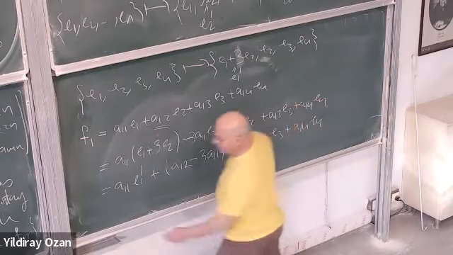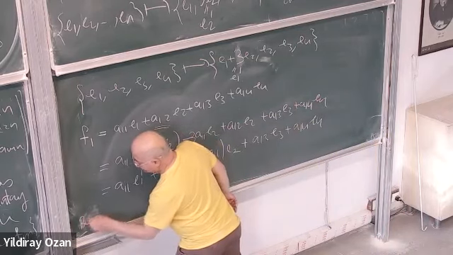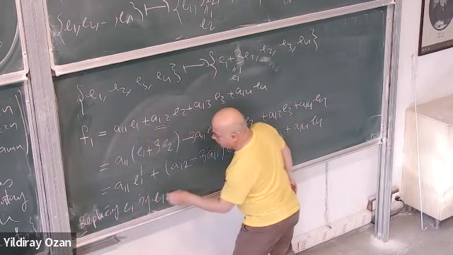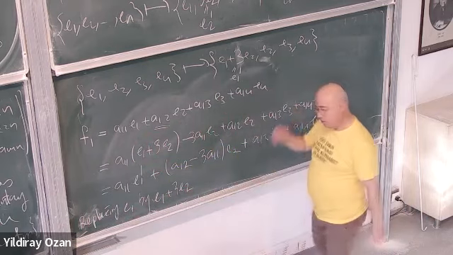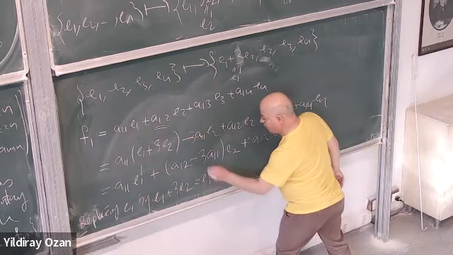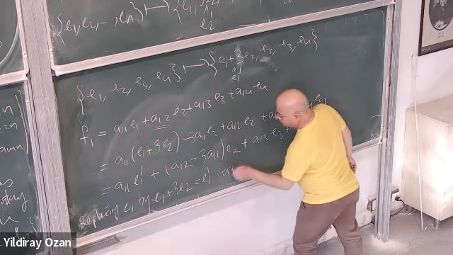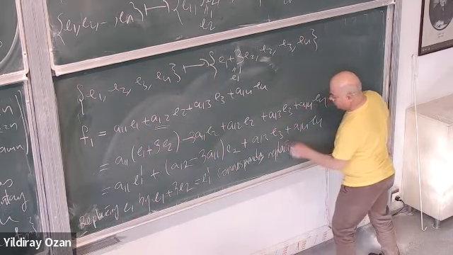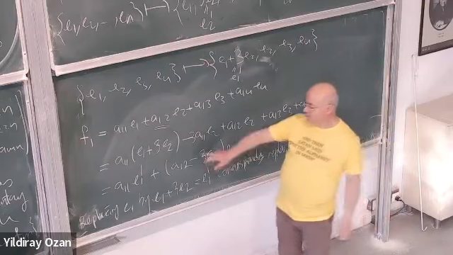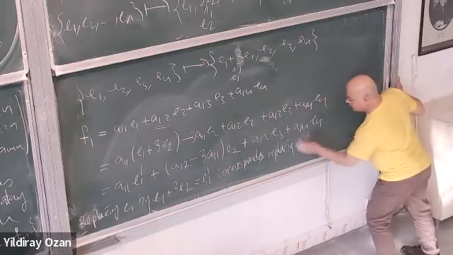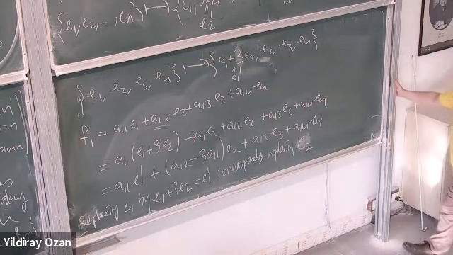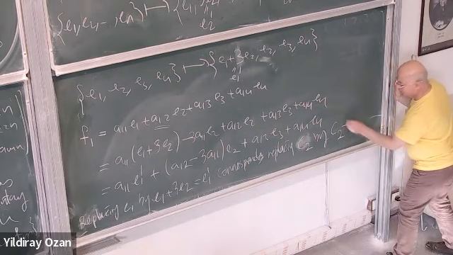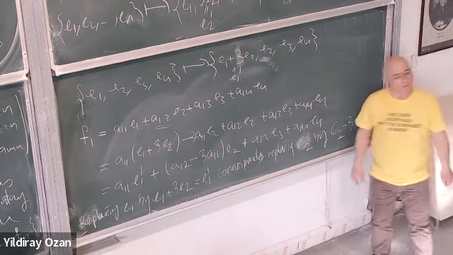So replacing E1 by E1 plus 3E2, which is E1 prime, corresponds to replacing the second column by second column minus 3 times the first column.